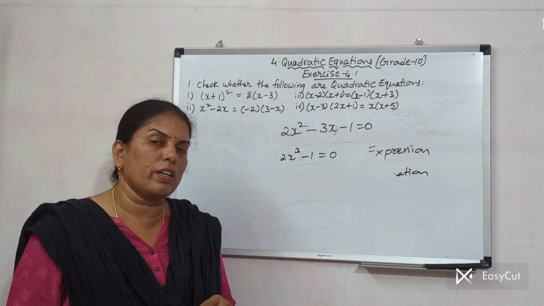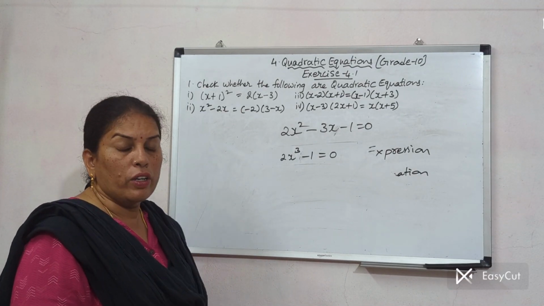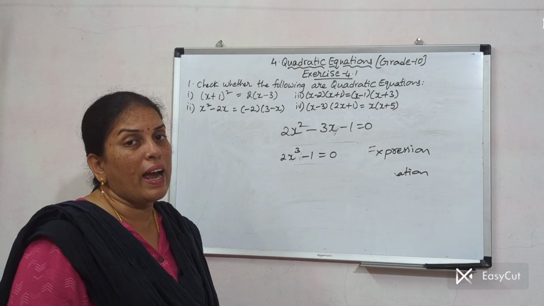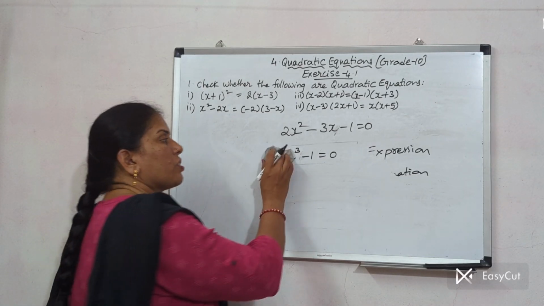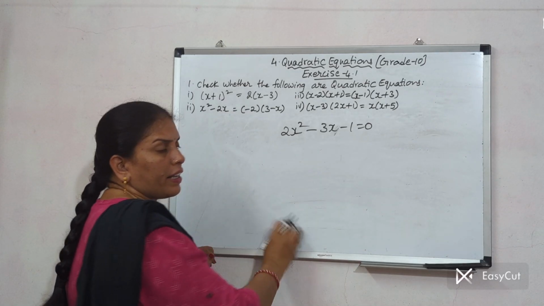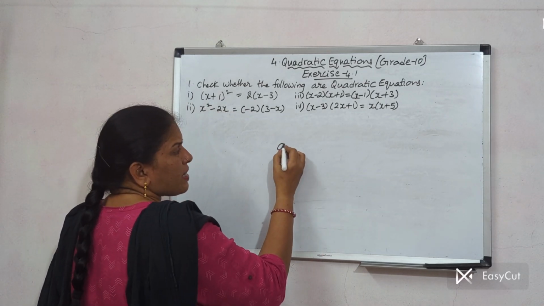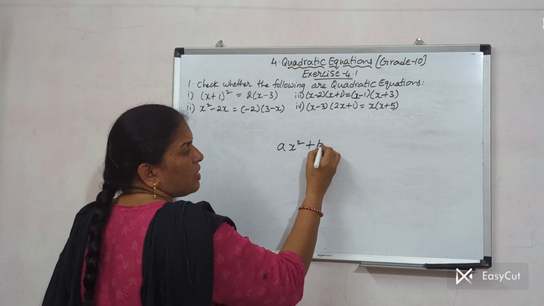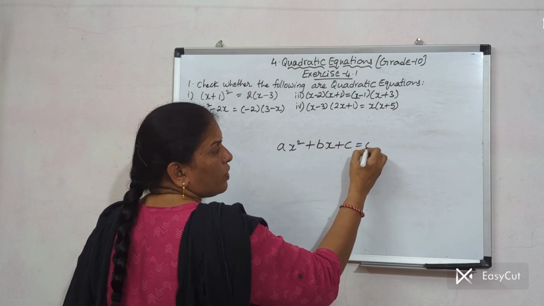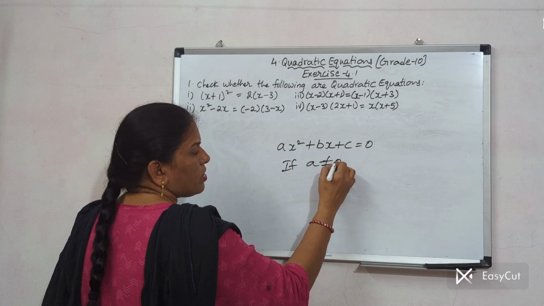All of you understood, children, what a quadratic equation is? Okay. Now, I will explain the standard form of a quadratic equation. We have one standard form for a quadratic equation. What is that? ax square plus bx plus c equal to 0, where a is not equal to 0.